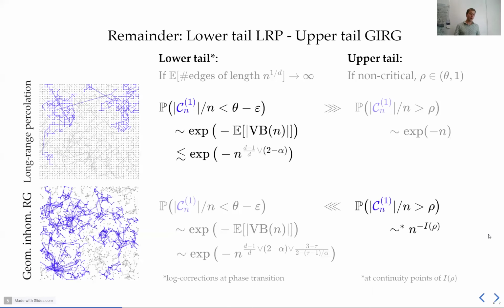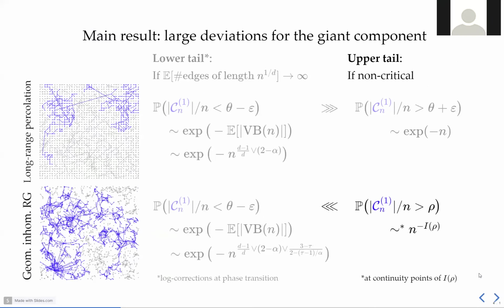So for the remainder of the talk, what is I_rho? It's a function of rho for rho bigger than theta, and I will give it at the end of the talk. I will give you the definition of the function, but it's basically describing this: if rho is much bigger than theta, then it's of course much more unlikely to see a large component larger than rho times n.